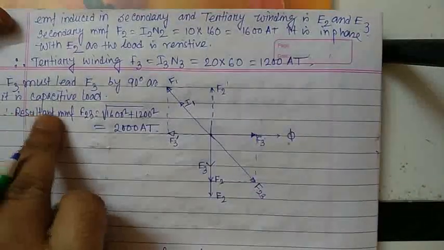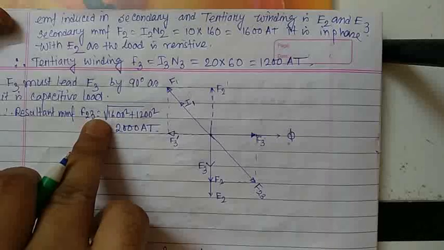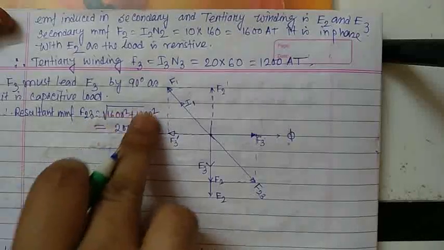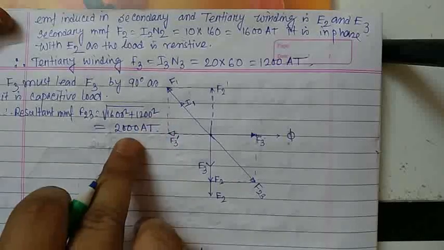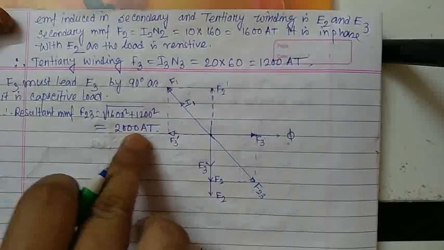So the resultant MMF F23 is root over 1600 square plus 1200 square, that is 2000.